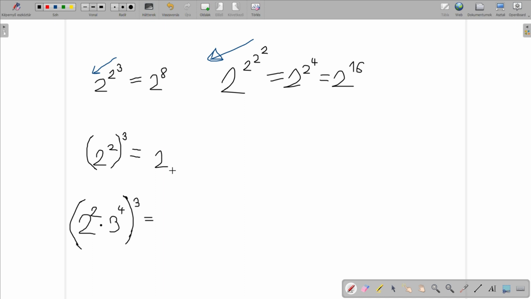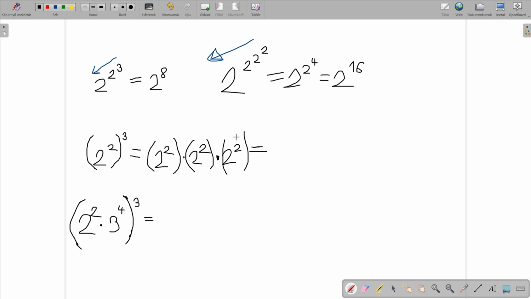Once again you remember last time when we had a product in a parenthesis like a times b, and that was squared. This is sort of going to be the same thing, because that's 2 squared times 2 squared times 2 squared. And what's that going to be equal to?